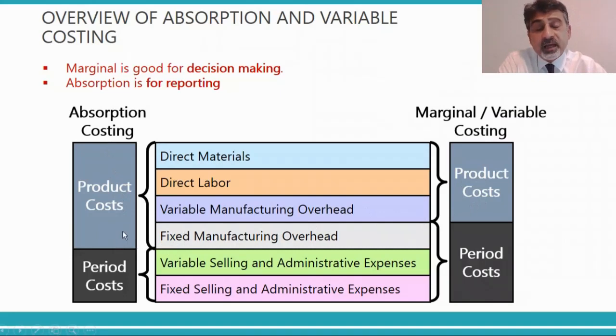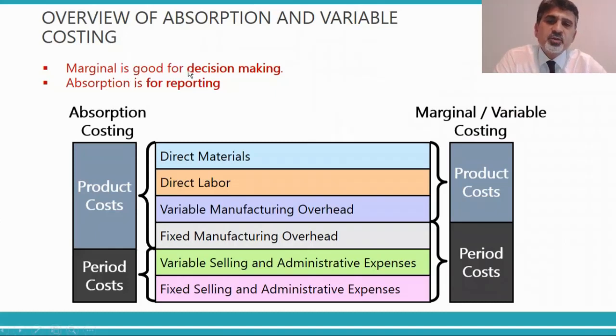I'll repeat again: in absorption costing, the product cost consists of four cost elements: direct material, direct labor, variable production overhead, and fixed production overhead. Whereas in the marginal costing method, the total cost of a unit of output consists of only three items, and all three are variable costs: material, labor, and variable overhead. Fixed overheads you will not include.